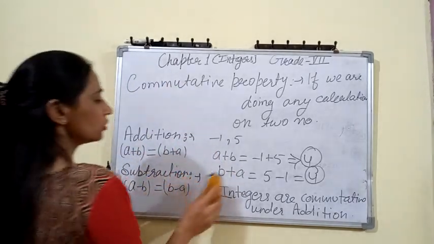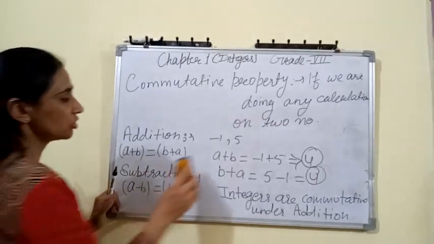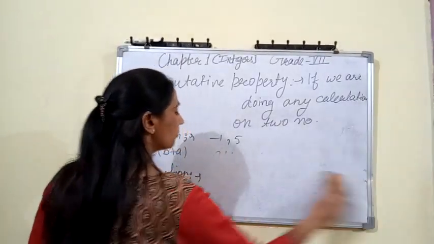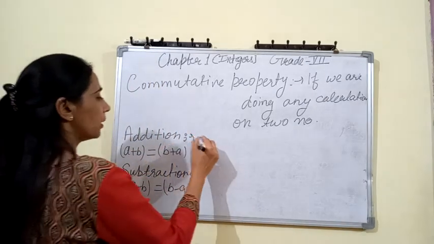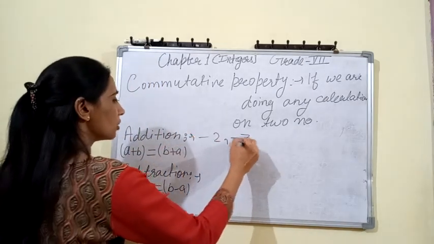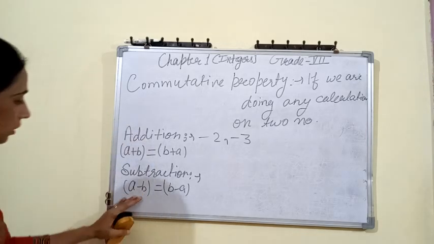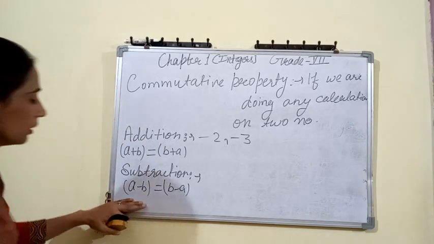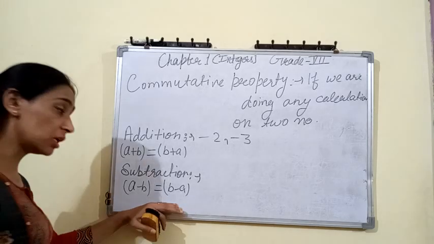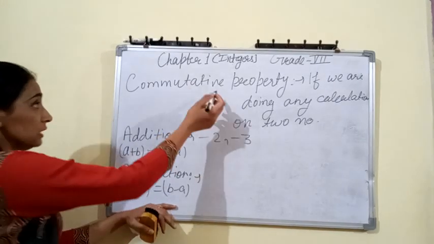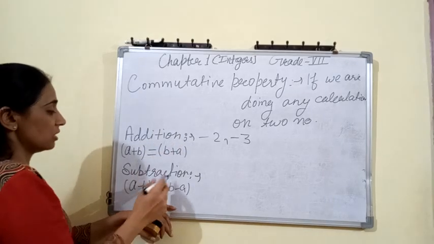Now check this for subtraction. Let us take another example. Suppose you are having minus 2 and minus 3. What is the formula here? If a minus b and b minus a both are equal, then we can say integers are commutative under subtraction.